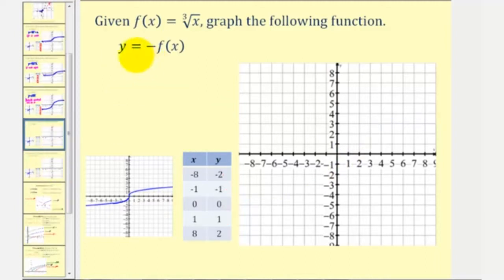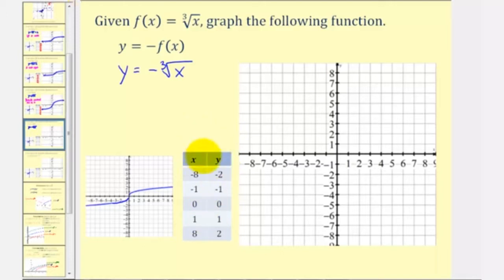Now we have y equals negative f of x, which would be equivalent to y equals negative, or the opposite of, the cube root of x. So notice our function here would change the sign of the function values, or the y values, of the basic cube root function, which means to graph this function, we can change the sign of the y coordinates of the basic function using our table of values.